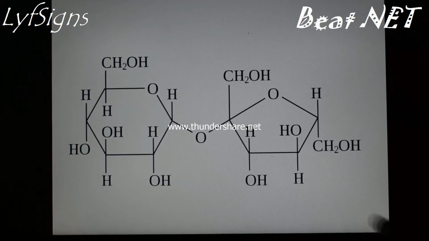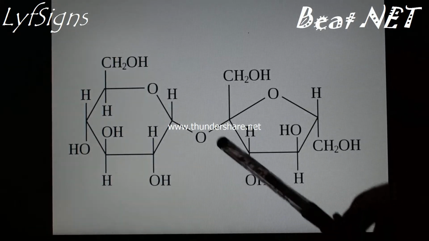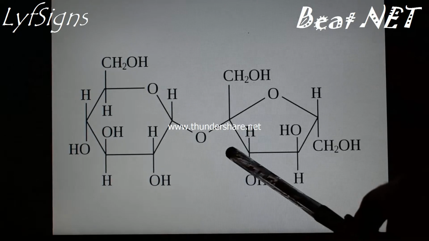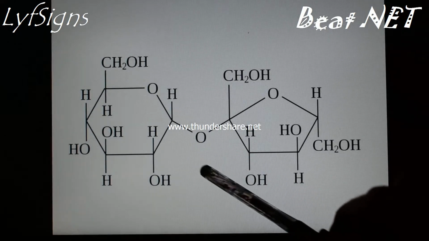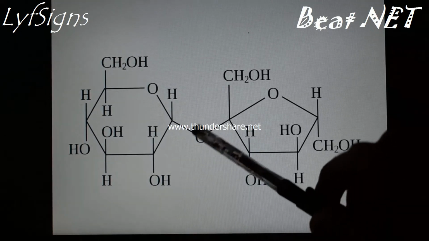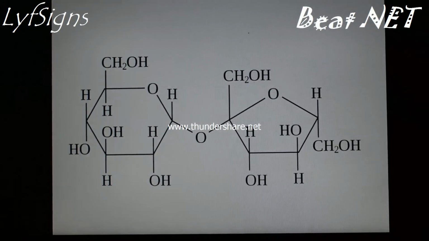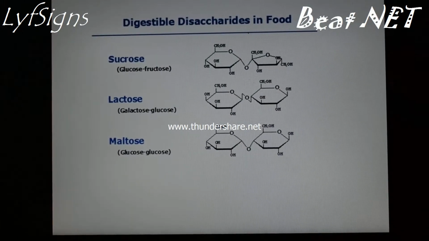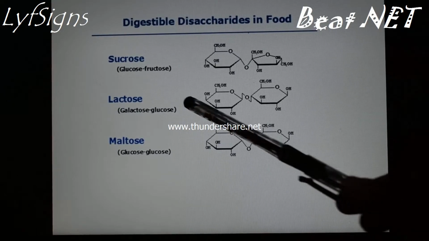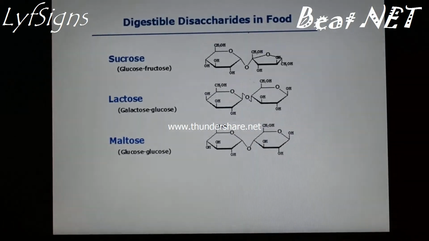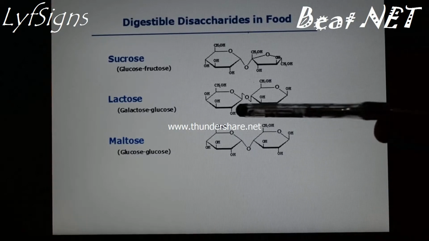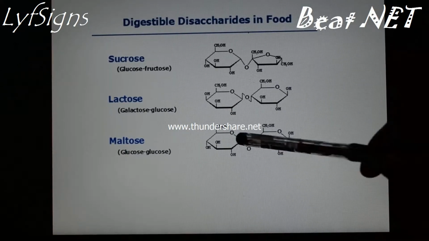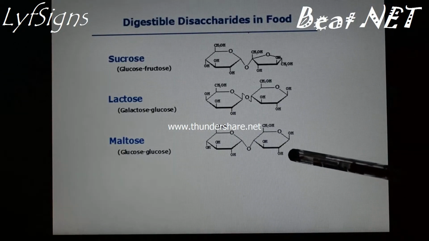How it happened is, here was an H and here was an OH, so a water molecule gets condensed and the oxygen remains here. Sucrose is glucose and fructose, lactose is galactose and glucose, and maltose is glucose and glucose.